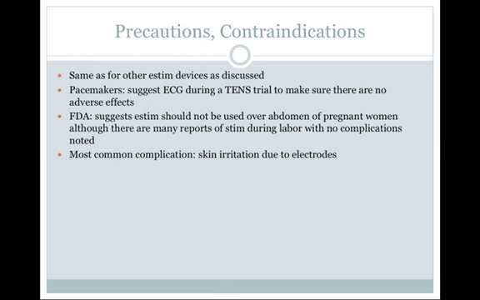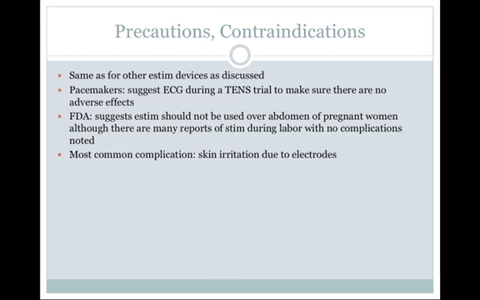So it's good to call the physician or ask the patient, is this being recommended by your cardiologist, has he seen his cardiologist recently, does he know he's getting a TENS unit? And so do some trial and checking like that prior to just handing one to someone who does have a pacemaker. Okay, the FDA suggests that Estim shouldn't be used over the abdomen of pregnant women.